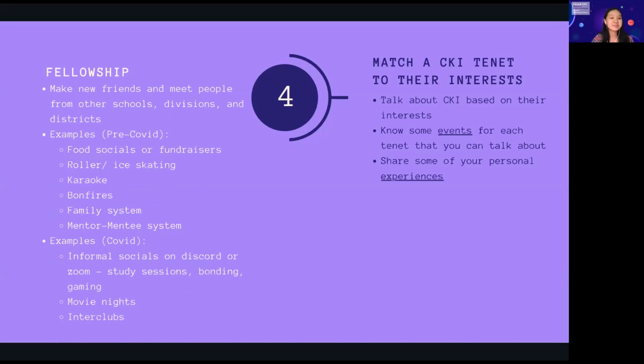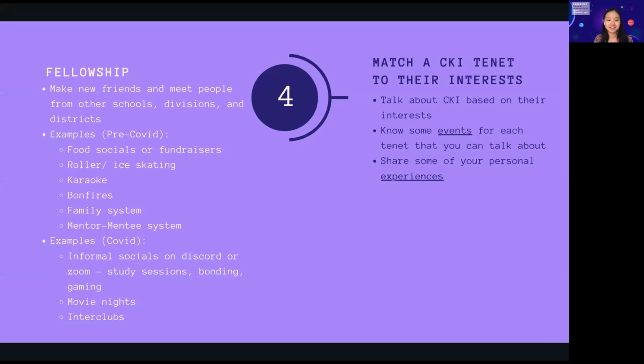And for fellowship, you get to make new friends, meet people from other schools, divisions, and districts. It's especially easier now since everything is virtual. It's very easy to host events and interclubs with schools from across the country. And yeah, I just gave some examples. These examples can overlap because, as we know, we still have the family system, the mentor-mentee system.